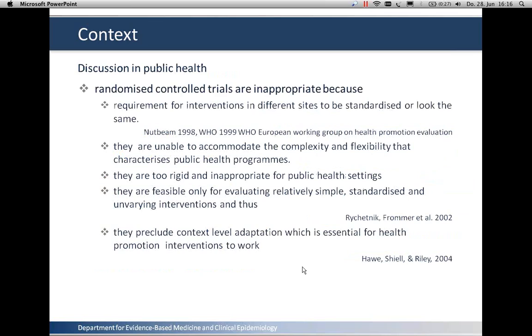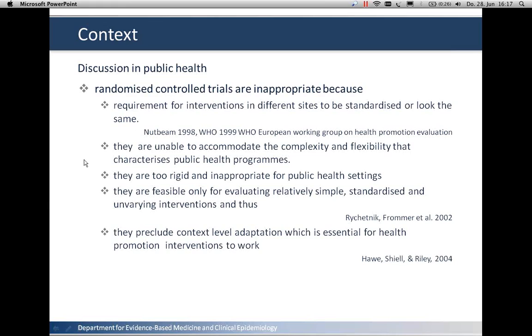But there is a discussion in public health whether randomized controlled trials are appropriate or inappropriate. And in this discussion, I sum up the key sentences on why RCTs should be inappropriate. The first, which you can find at NAPIM or also at the WHO European Working Group on Health Promotion Evaluation, was the question of standardization: the interventions had to look the same in RCTs.